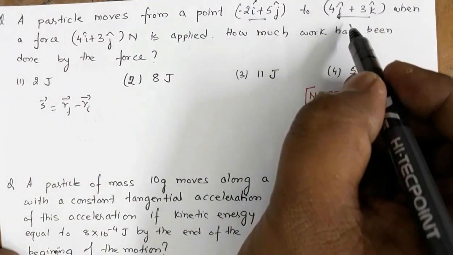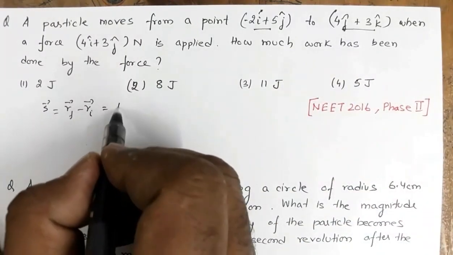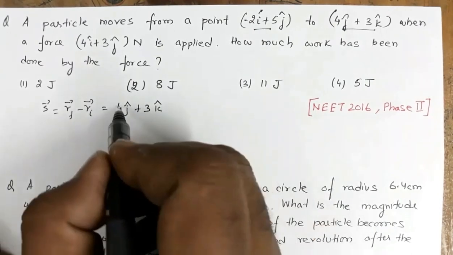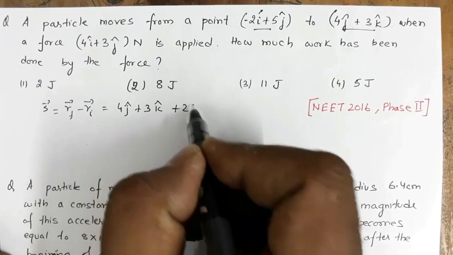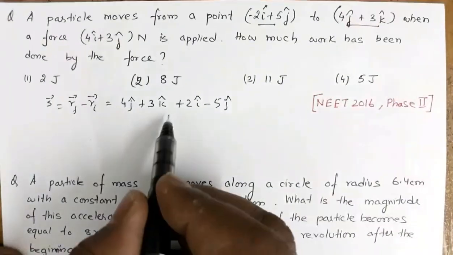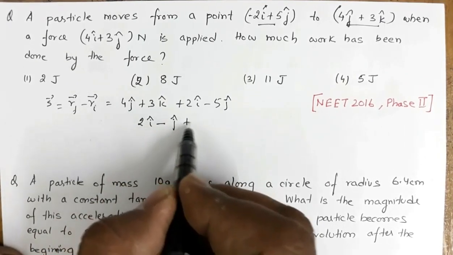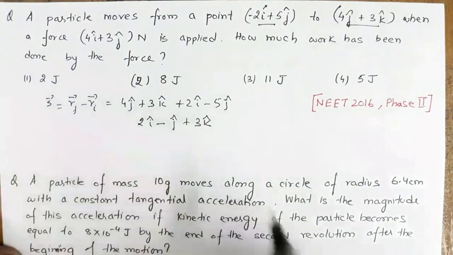This is RF and this is RI. So this is 4j cap plus 3k cap minus this quantity. So this will become plus twice I cap minus 5j cap. Okay, so this becomes twice I cap minus j cap plus 3k cap.